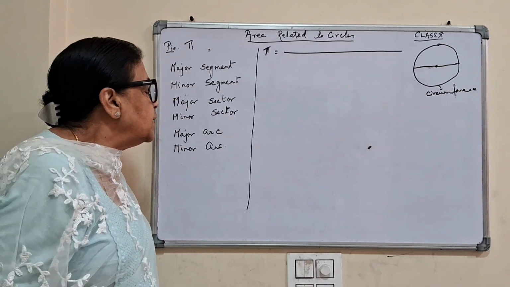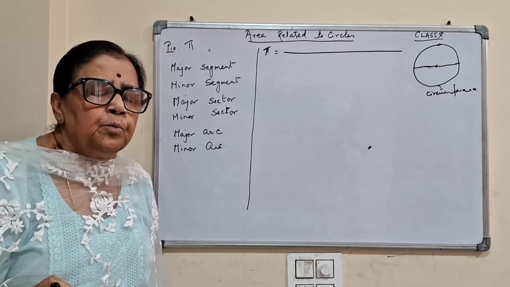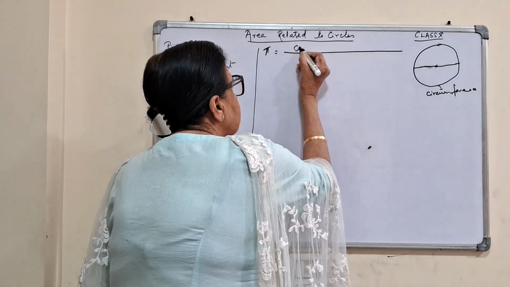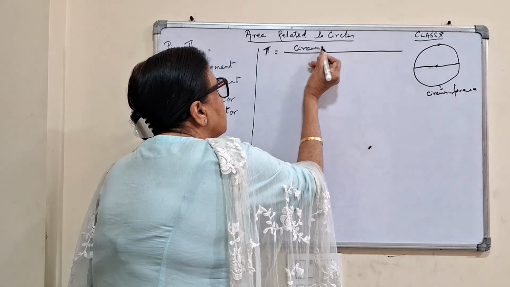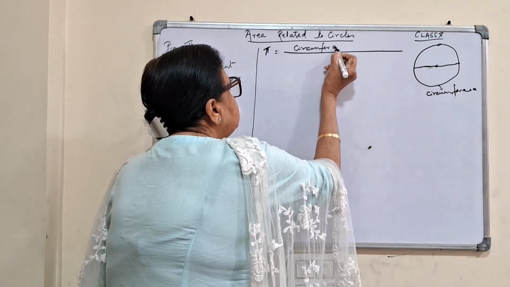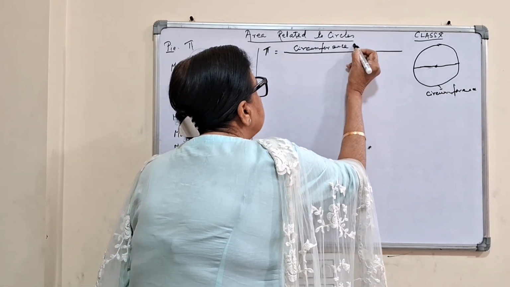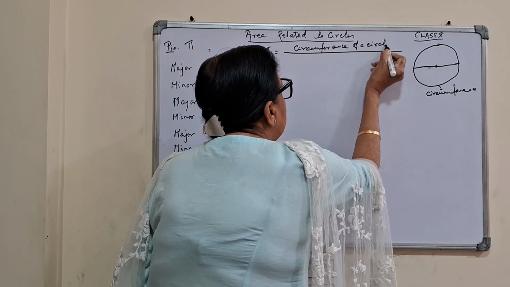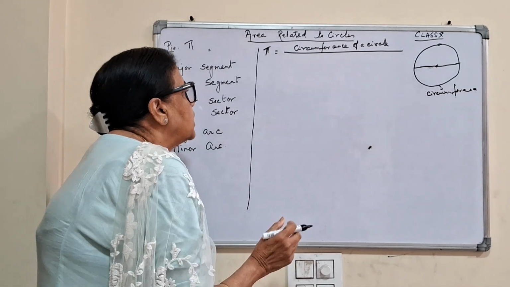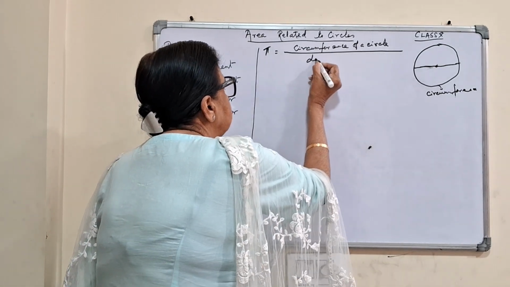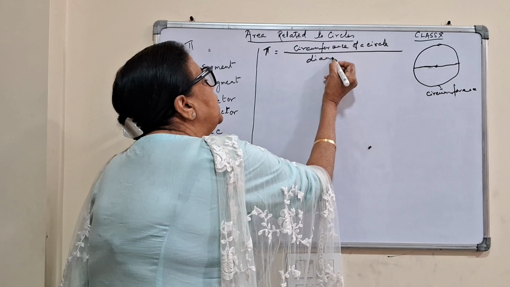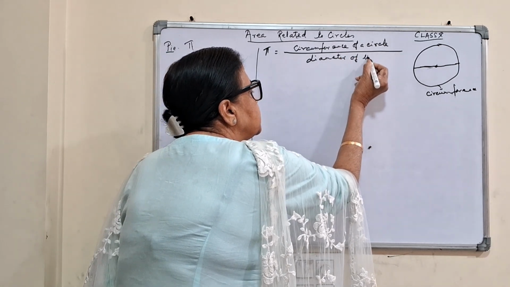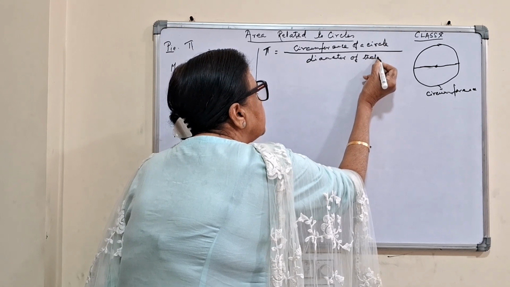So pi is a number which is the ratio of the circumference of a circle, meaning the length of the outer boundary, divided by the diameter of that circle.